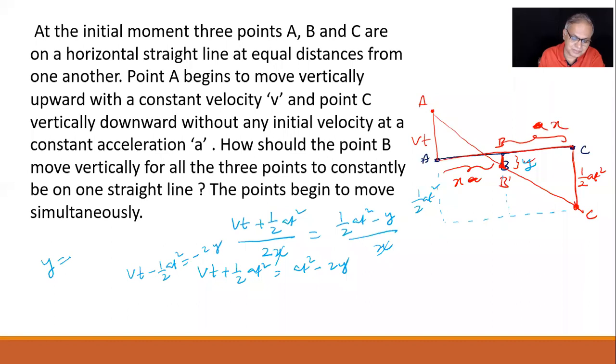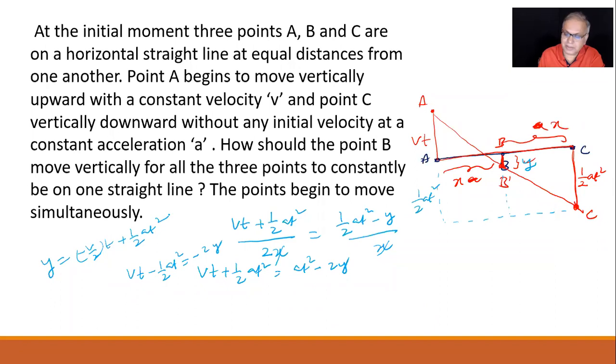y equals minus v by 2 into t plus half at square. Am I right? Did you do everything correct?